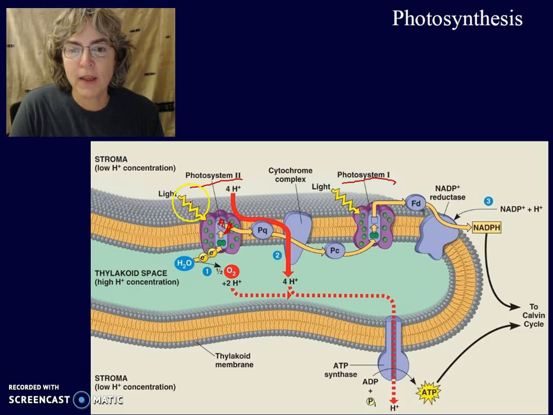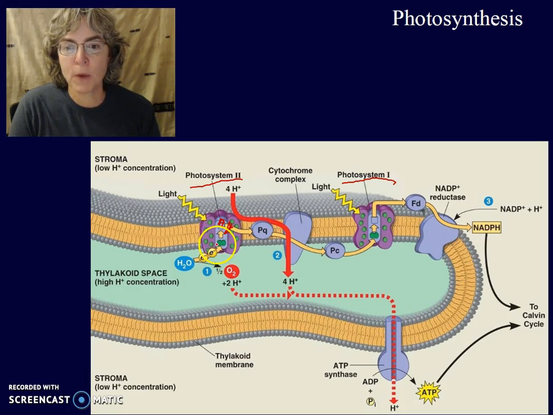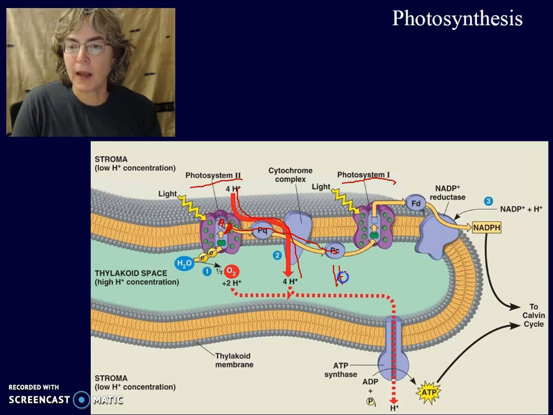So the photon has bumped up these electrons and they go from chlorophyll A molecule to chlorophyll A, and then they get bumped up, and here they are, and then they get sent through this chain, setting up this concentration gradient, creating high concentration of hydrogen ions inside the thylakoid space.